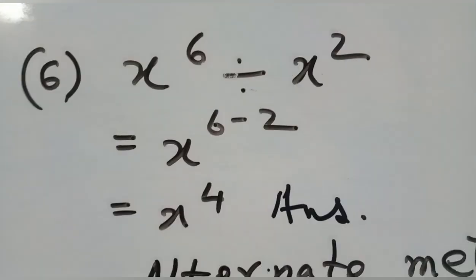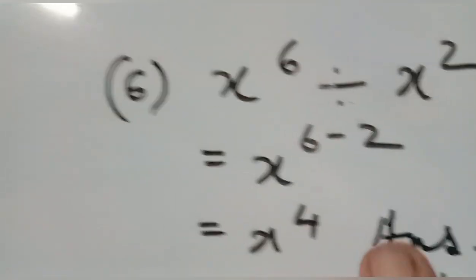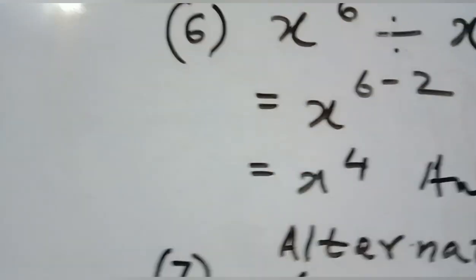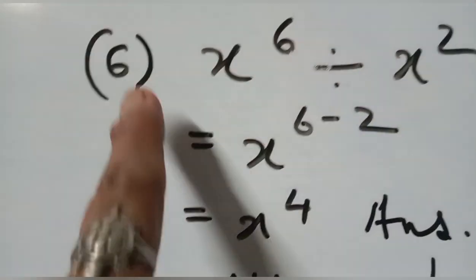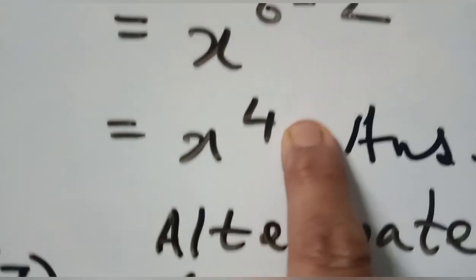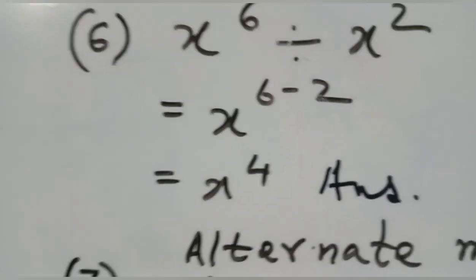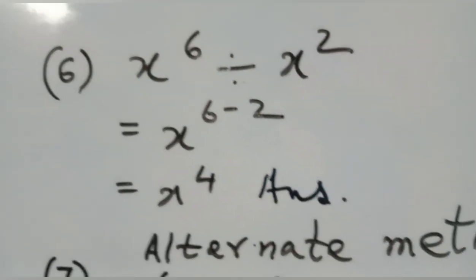Here also, if the base is same, the powers can be subtracted. So what is it? See, x to the power 6 divided by x to the power 2. So base is same. X, I keep writing here x. 6 minus 2, that is 4. X to the power 4. Have you understood? Children, have you understood? X to the power 4. So this is the answer.